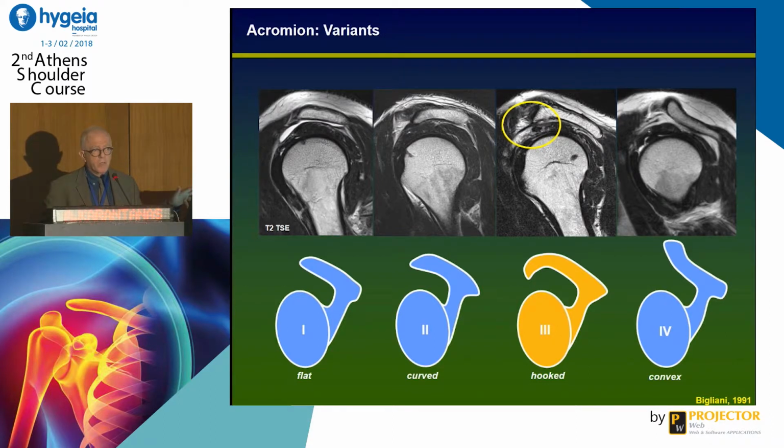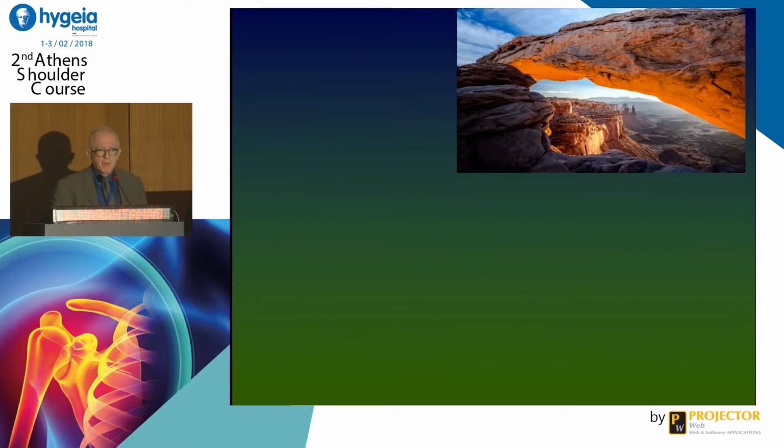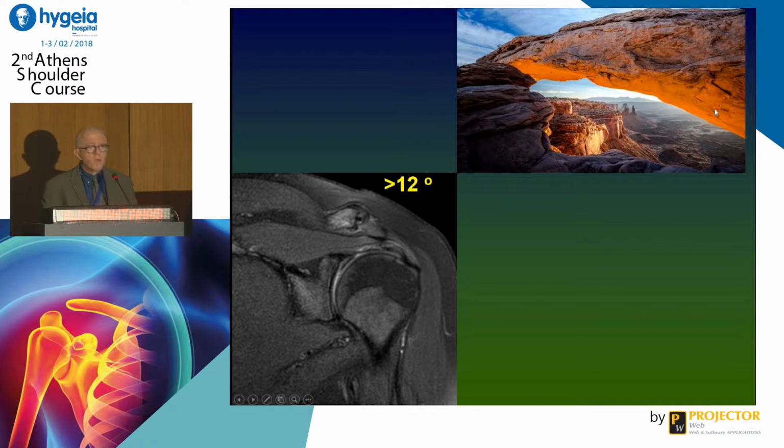However, Dr. Hiotis in the previous session mentioned that apart from the shape of the acromion, as we see here, there is enough space behind this, but there is also a lateral downsloping which matters. We have a way to quantify this lateral downsloping, and this is measuring the relative angle of the acromion to the distal part of the clavicle.